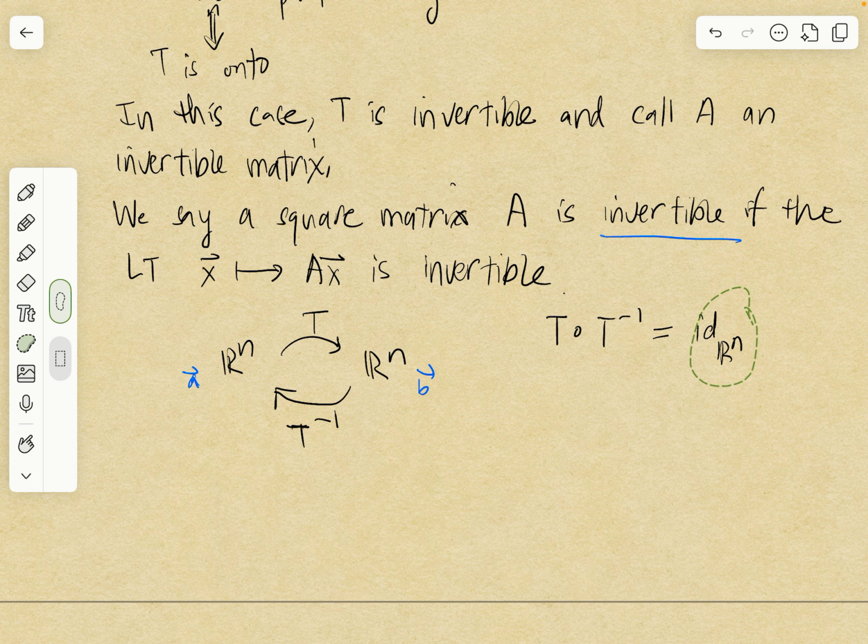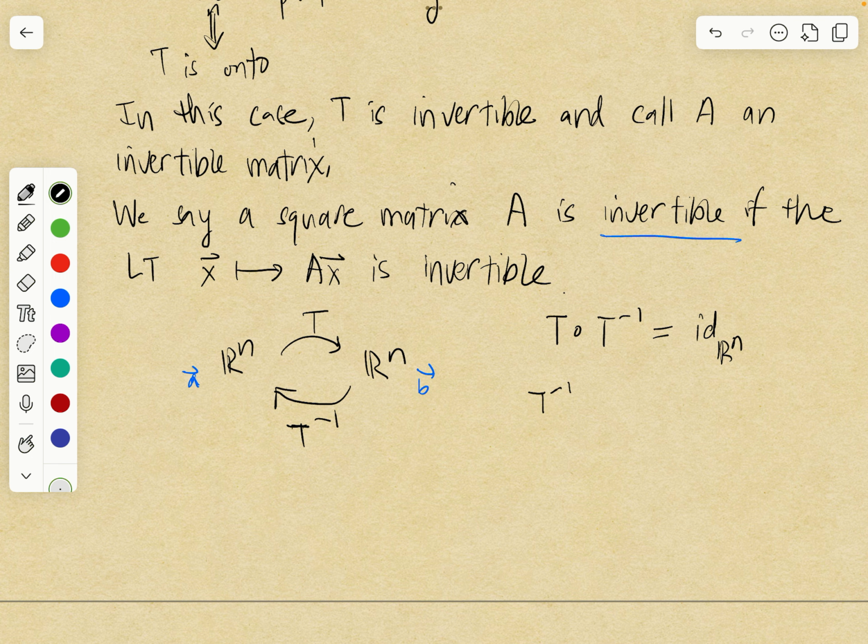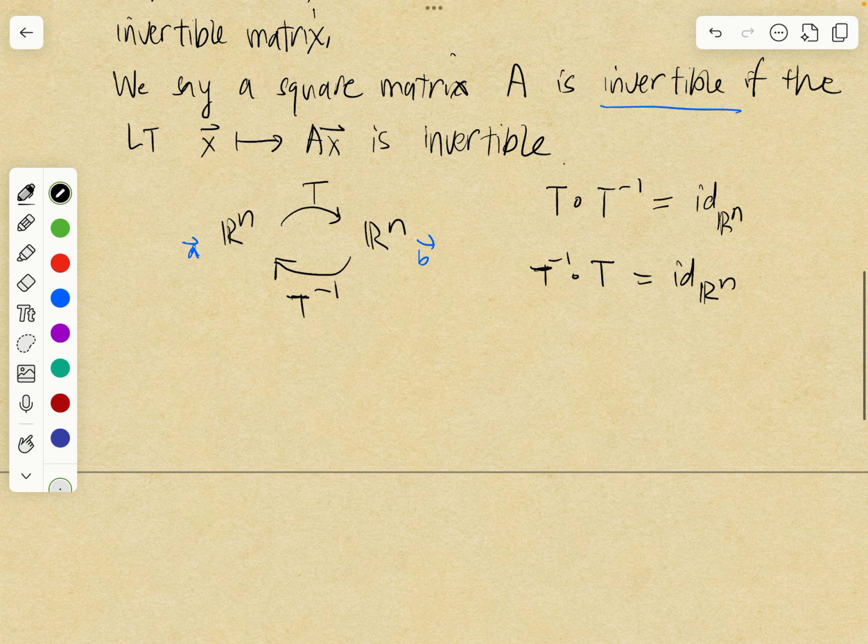It just maps x to x. And we also know that if you do T first and then do T inverse, this is also going to be the identity on Rn. Because if you take A and then apply T, you get B. T inverse will take it back to A. And so net, you just mapped A back to A.